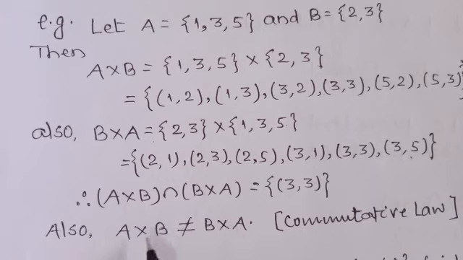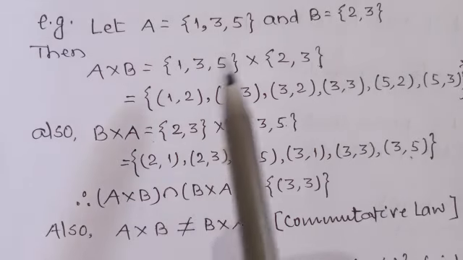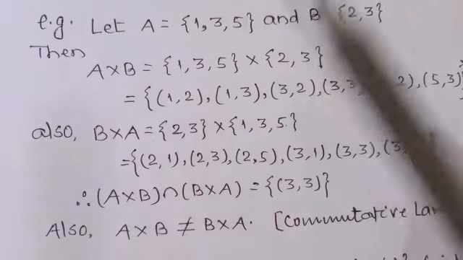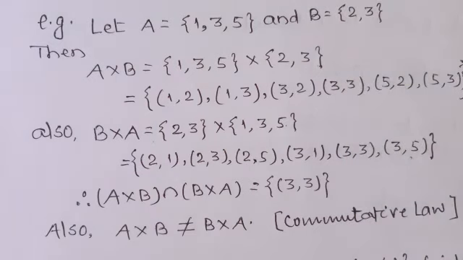Thus, we can say that the cross product, or the Cartesian product of sets, is not commutative, and this is the best example. A cross B is not equal to B cross A. It is easily seen by this example.